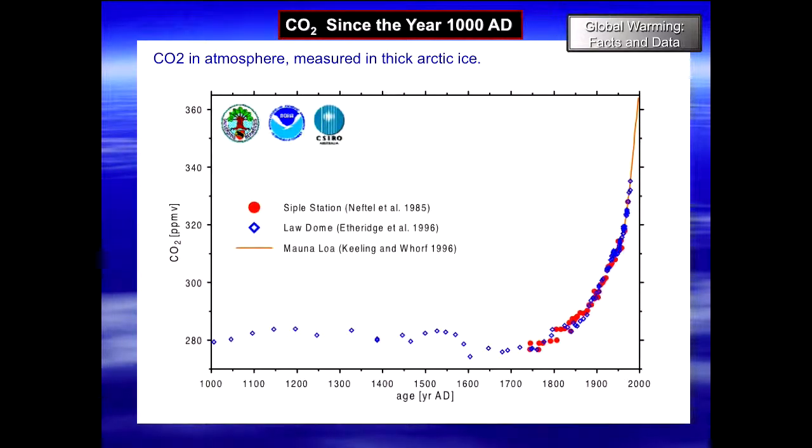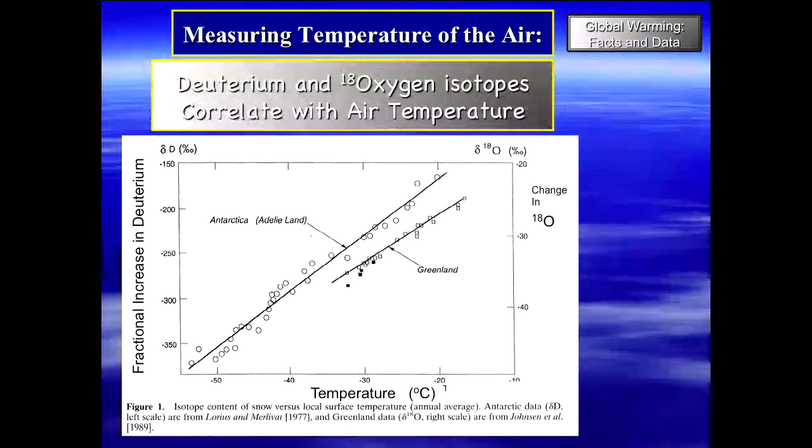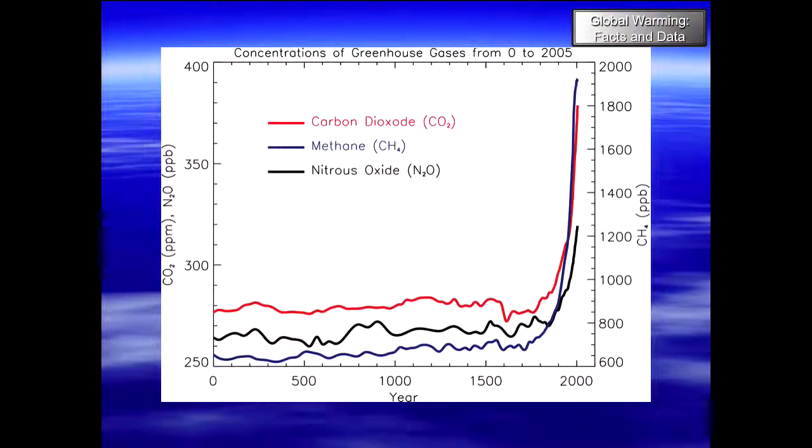But in any case, the amount of carbon dioxide in the Earth's atmosphere has skyrocketed to levels never seen in the last 400,000 years. And in fact, here we are going back to the time of Christ, and you can see carbon dioxide is shown in red, parts per million.